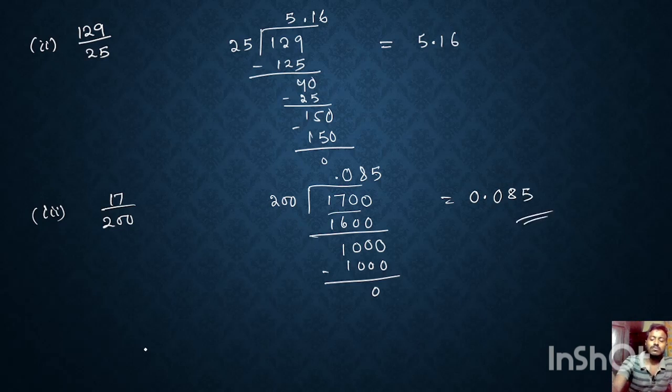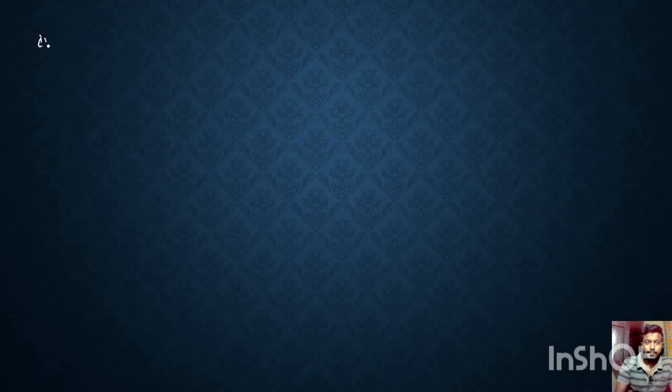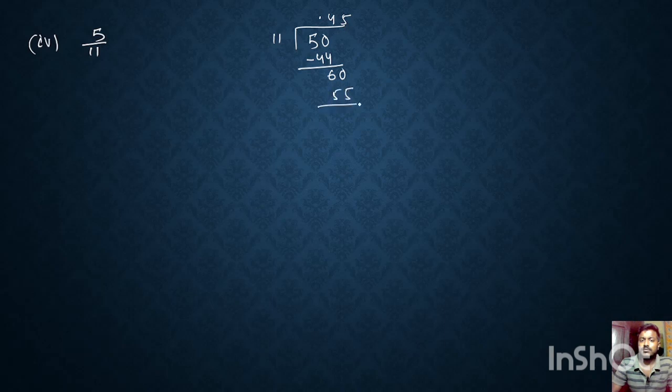Understand? Now question number IV: 5 divided by 11. So divide by the long division method. First put a decimal, so 50, 4 times 11 is 44, then the remainder is 6, so 60, 5 times 11 is 55, then 5, 50, 4 times 11 is 44, yes or no?